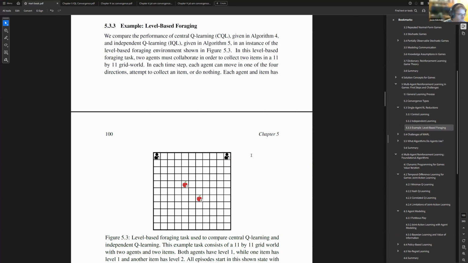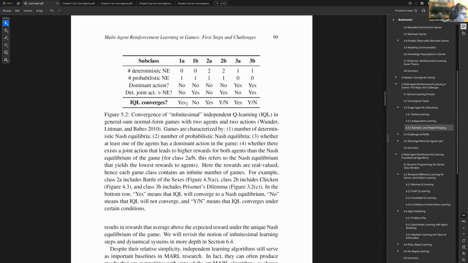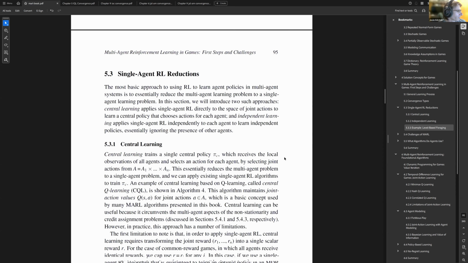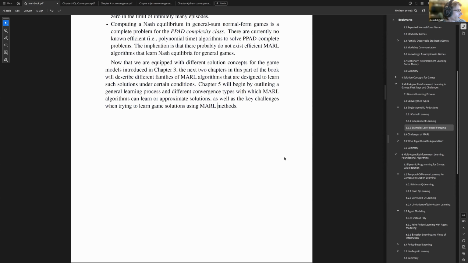There were a lot of matrix game examples we had where these things failed or didn't necessarily work. Like 2B, this doesn't always converge. Prisoner's Dilemma is one of those. Chicken Run too, but these were just matrix games.